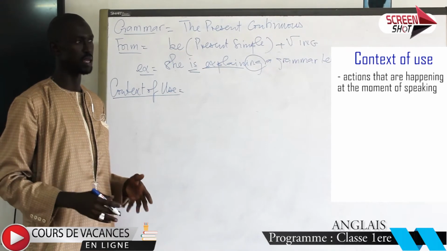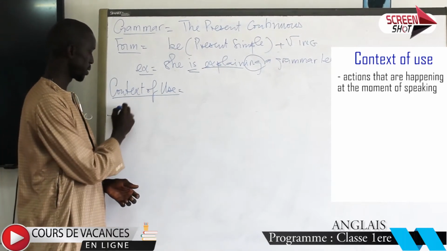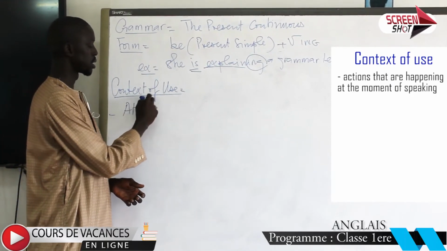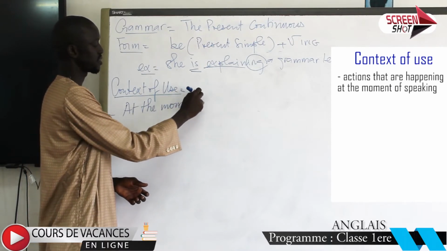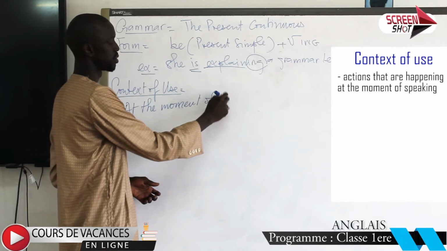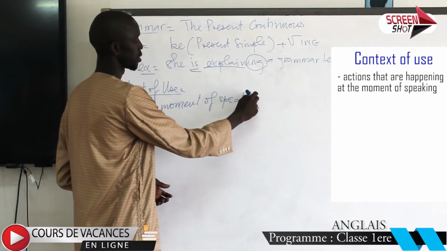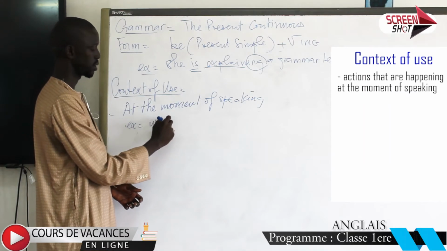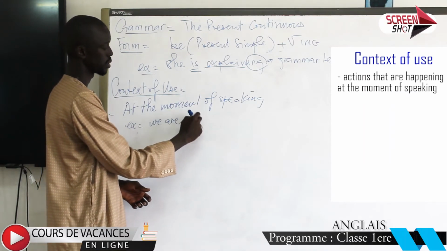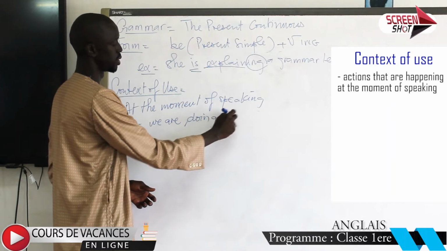That's what happens at the moment of speaking. So we use the present continuous for actions that happen at the moment of speaking. For example, we are doing a grammar lesson.